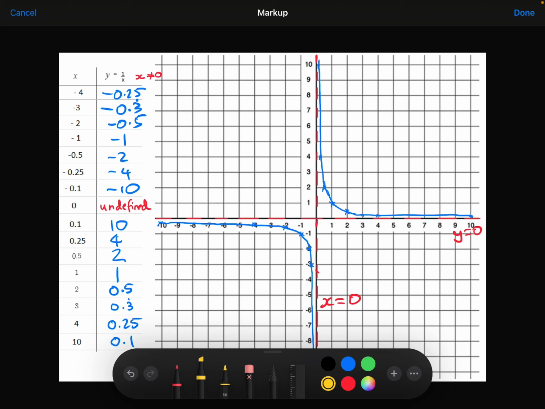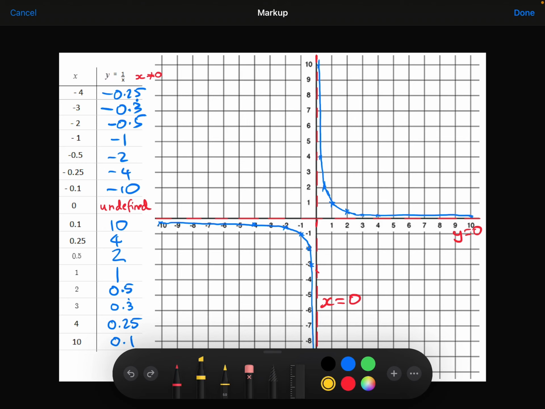Again, you can see that my blue line here gets closer and closer to that asymptote, but never touches it. Similar in the negative direction, it gets closer and closer to that red line, but doesn't touch it. The reason why it has y equals 0 as an asymptote is because the y function here can never be 0.